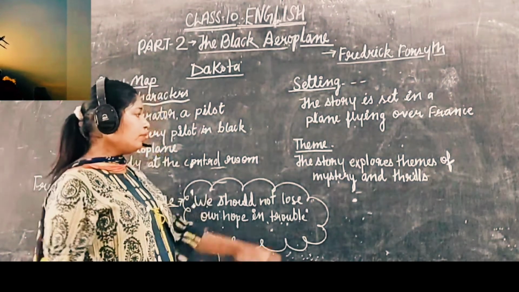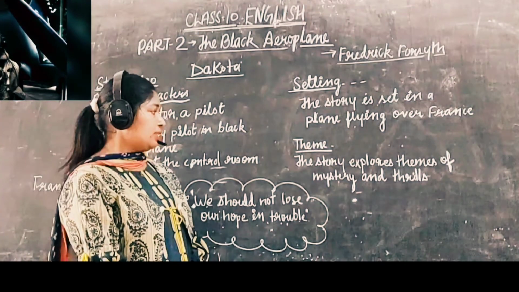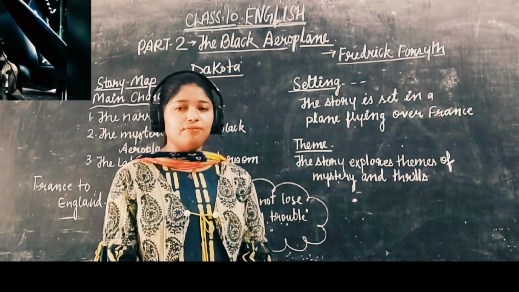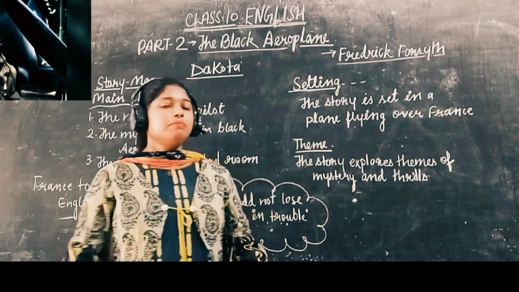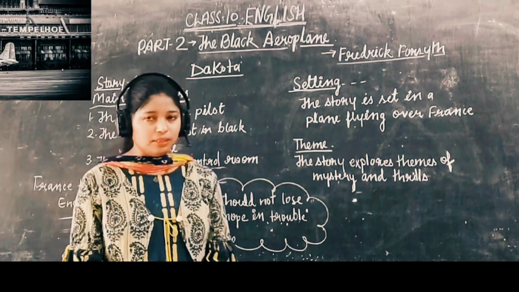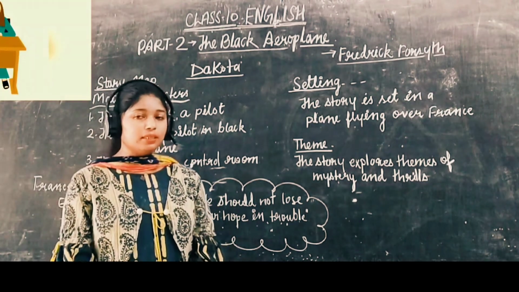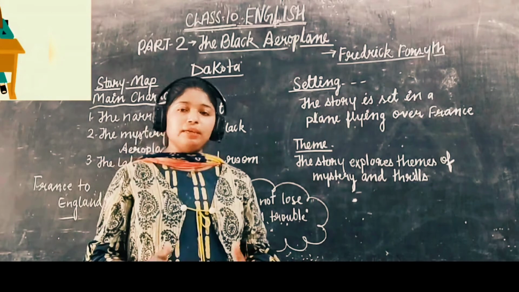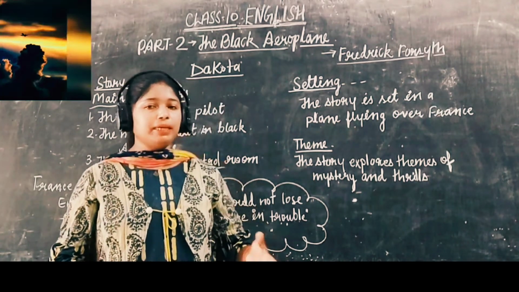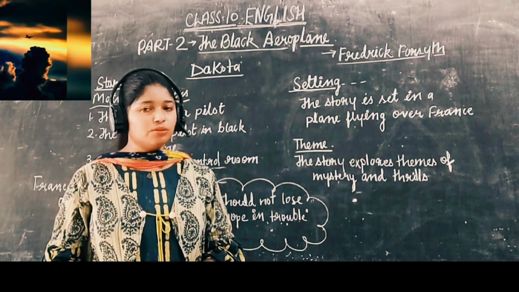Now let us see the theme. The story explores themes of mystery and thrills. This story is full of thrills and mystery. What about the thrills? When he was stuck in the storm, the condition became very bad and he became afraid, but at that moment he didn't lose hope.